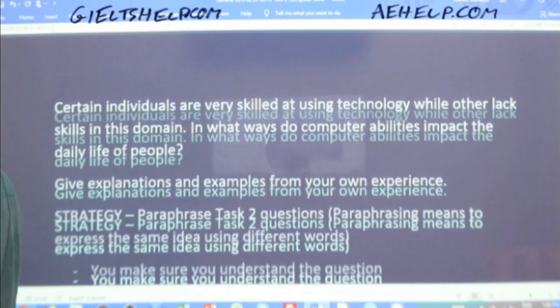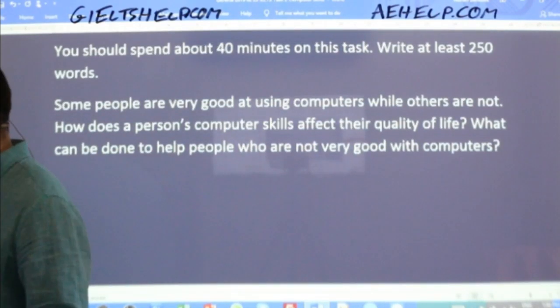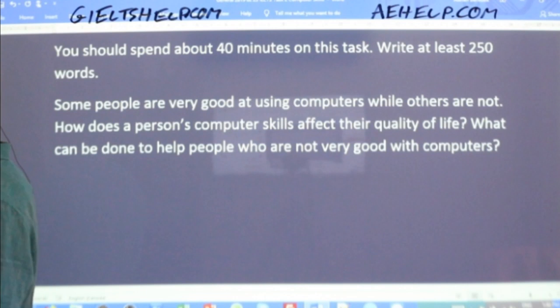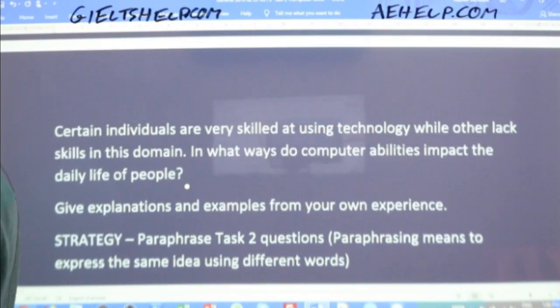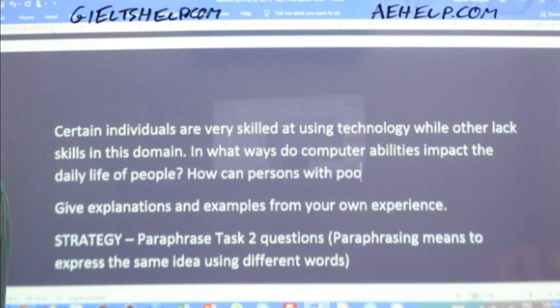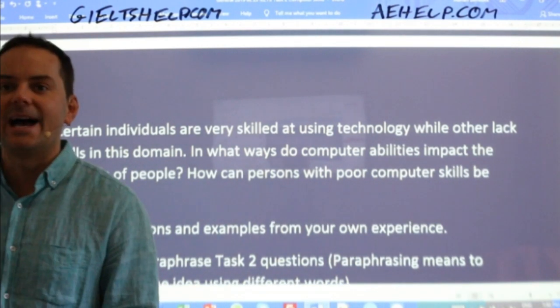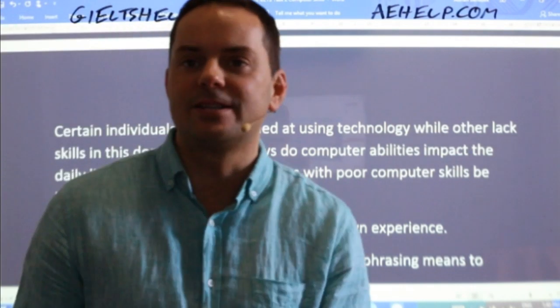Okay. And then the question says, what can be done to help people who are not very good with computers? So even paraphrase that. How can individuals or persons with poor computer skills be helped? All right. So that is a paraphrase.